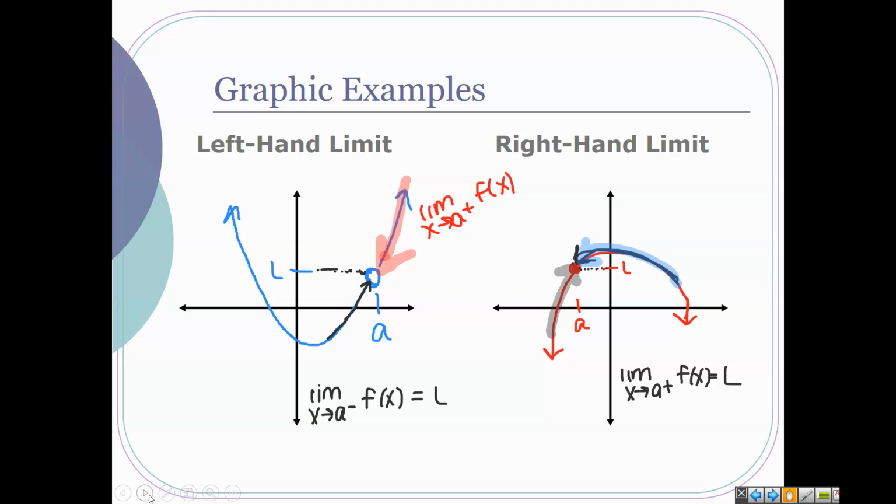Because you're coming from the negative to the positive. So where are you coming from? You're coming from the negative. So the left is coming from the negative. The right is coming from the positive.